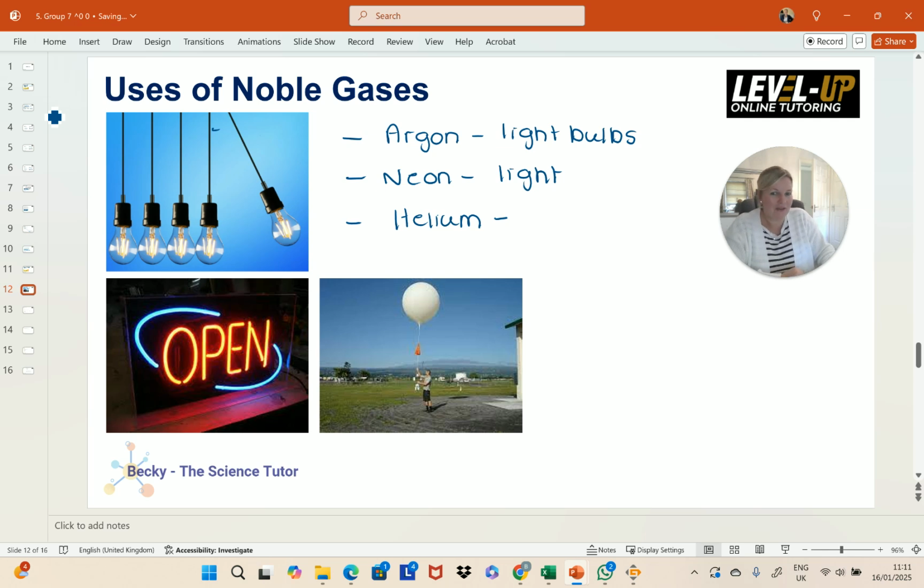So the one that's shown here is that it is in a weather balloon, and that weather balloon will obviously rise up and will monitor the atmospheric pressure and humidity and all the other things it's travelling up, but we're using that helium because it's lighter than air and therefore will cause that balloon to travel upwards.